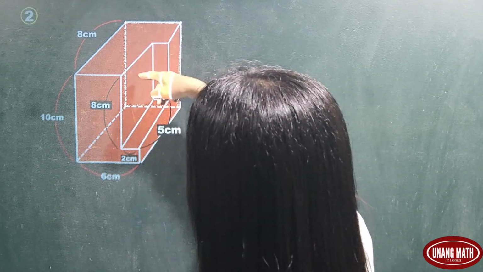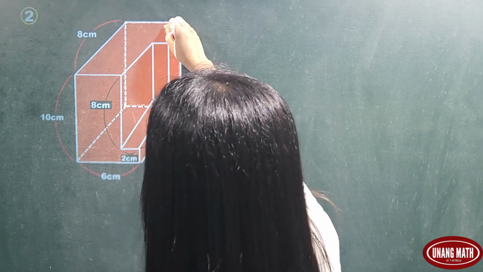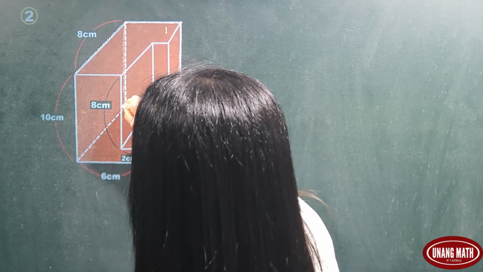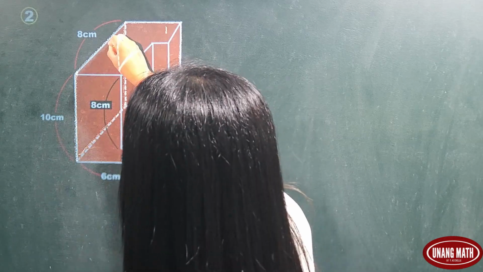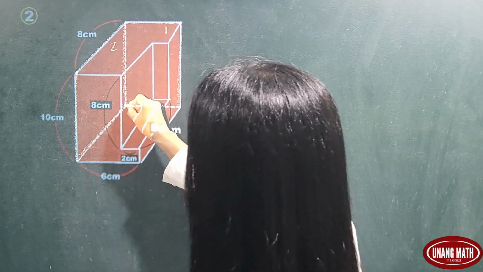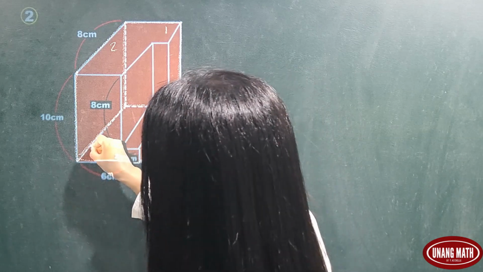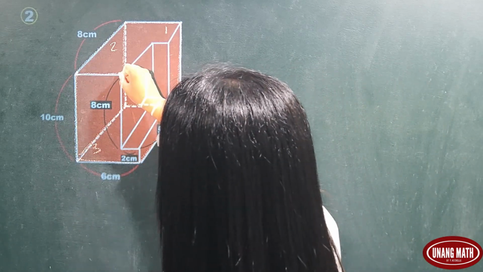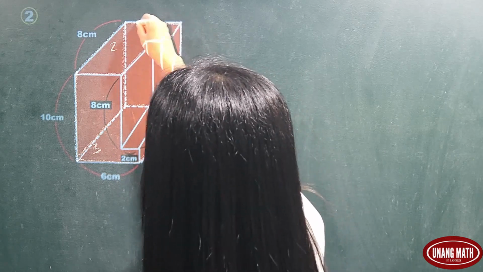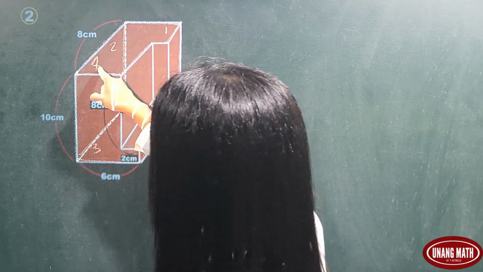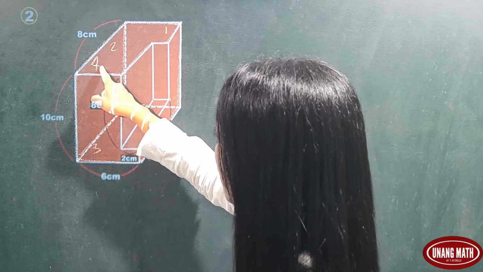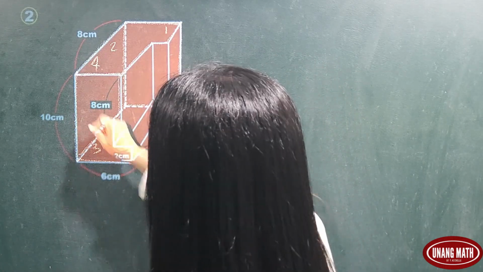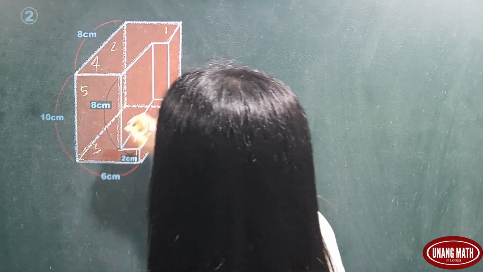This is one rectangle. Let's mark this one. Another rectangle is this one, so this is 2. And we also have here a rectangle, 3. Next, this figure on top, let's mark this one, face 4. And this is 5.